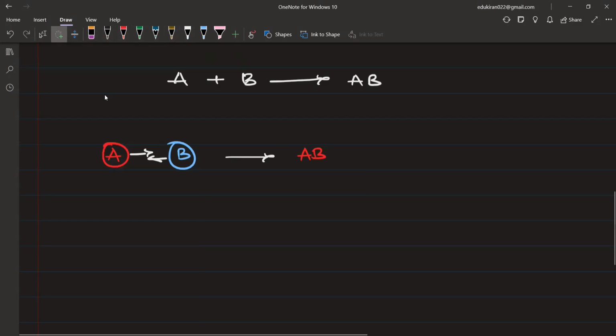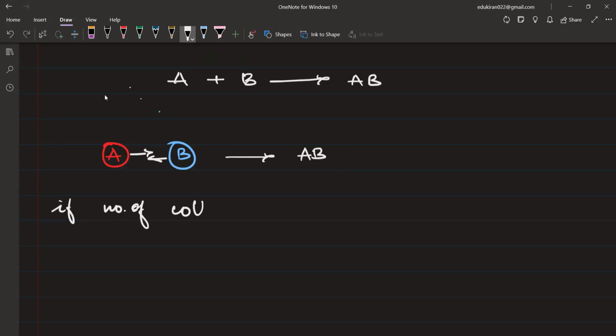That means collision is an important criterion. Now, if the number of collisions increases, then I can say the reaction will be faster.